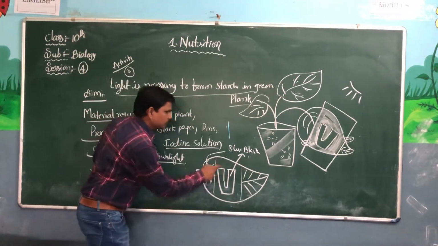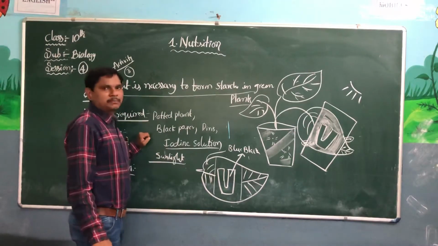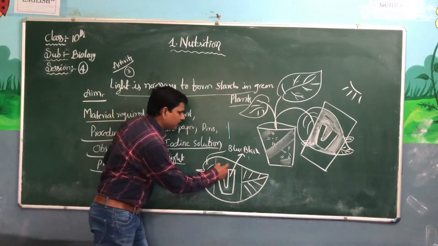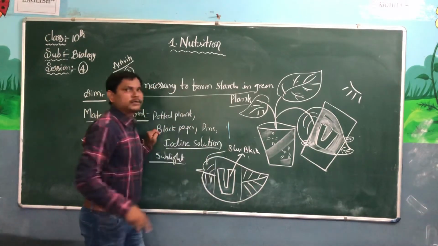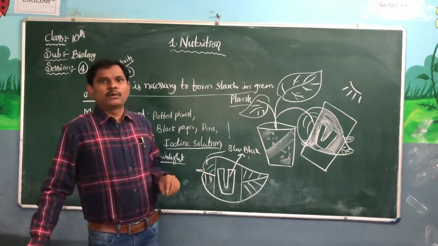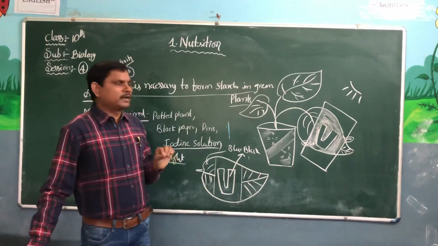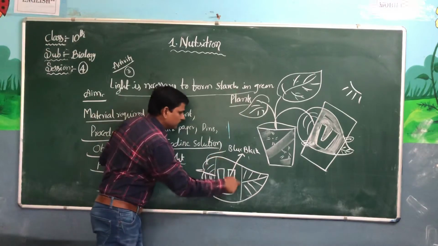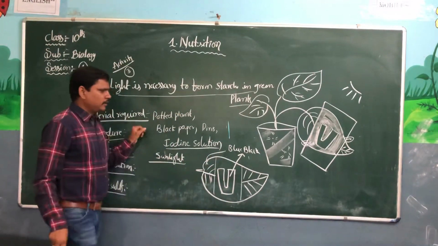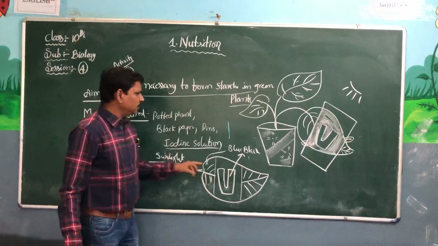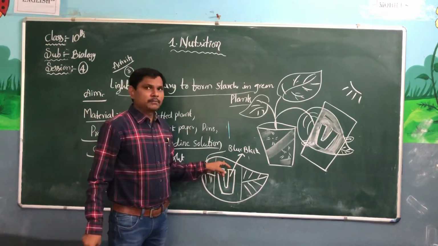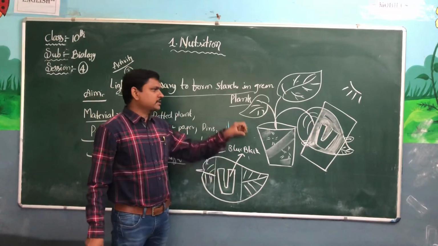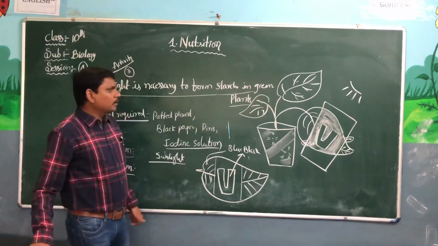The part covered by the black paper will not convert into blue-black color. What is the reason? Because the light is not exposed on this particular part of the leaf, as it is covered by the black paper.